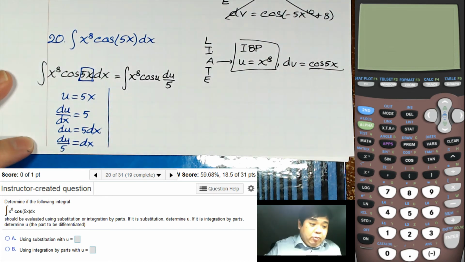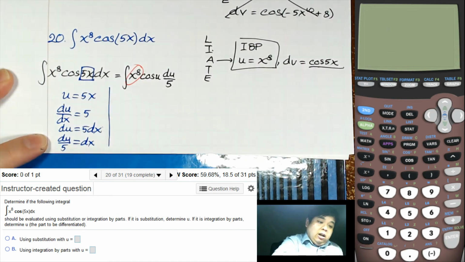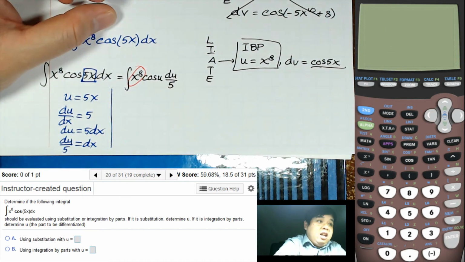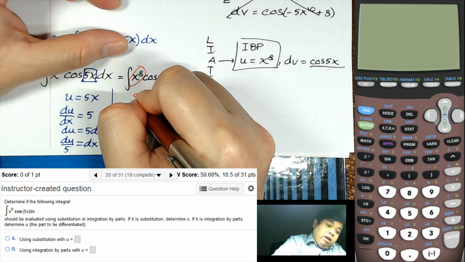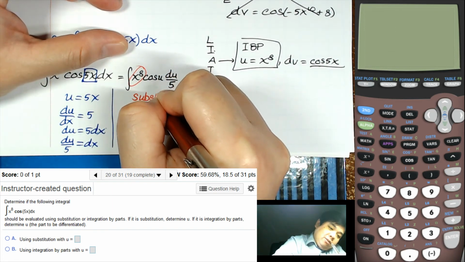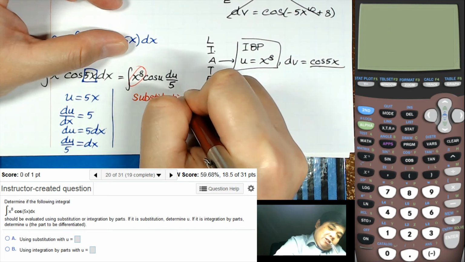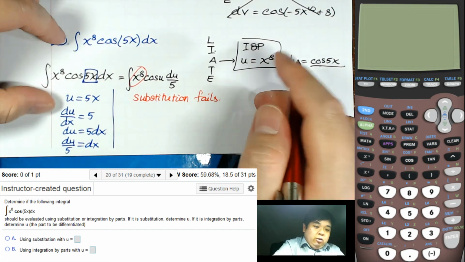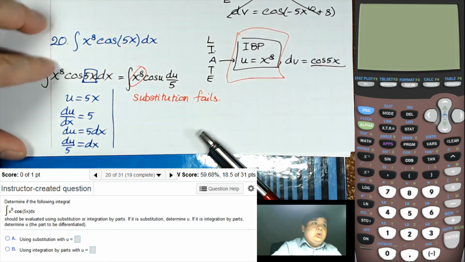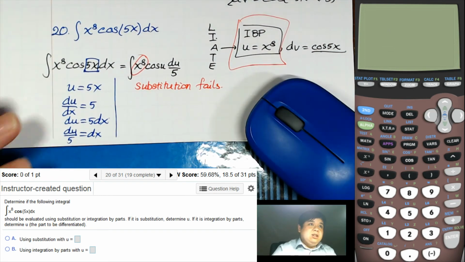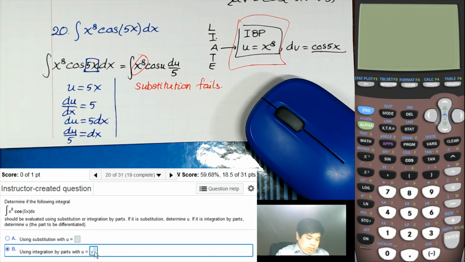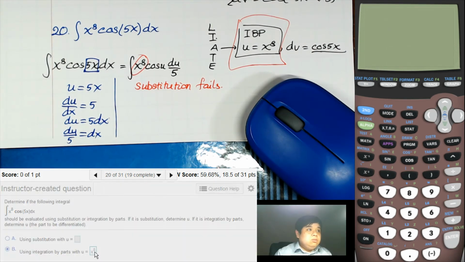And we have a big problem. The integral is supposed to be in terms of u, and there is an x to the 8 left. So substitution fails. So we have to use integration by parts, where u is equal to x to the 8. Yeah, that's correct.